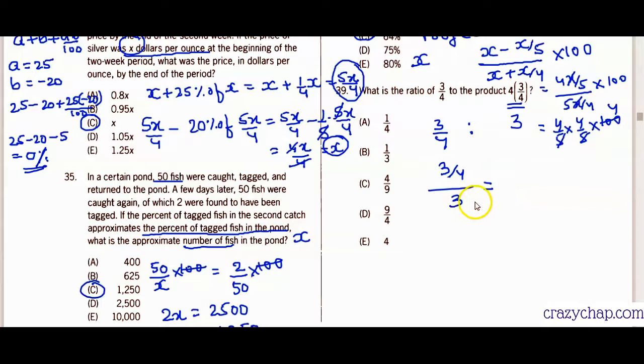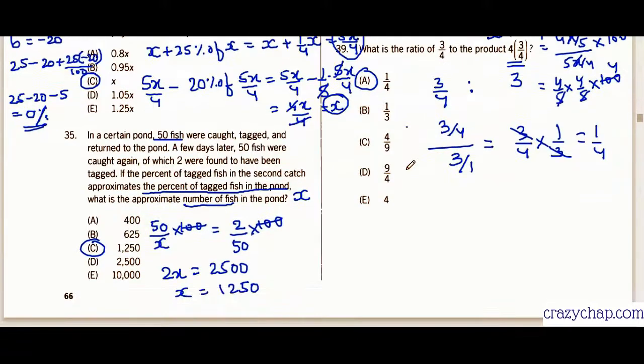And how do we solve that? 3 means 3 over 1. So it will be 3 over 4 times 1 over 3. I'm just trying to explain it simply. So it is 1 over 4. Option A should be the correct answer, right? Let's move on to the next question. Question number 40.